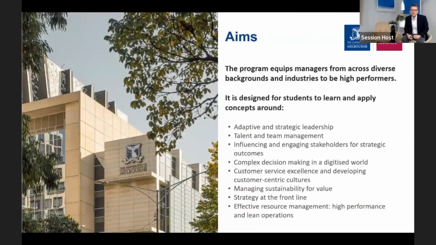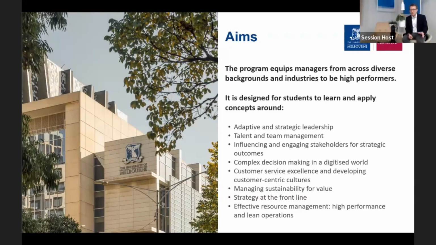The program is aiming to equip managers from various backgrounds and industries, and it's designed for students to learn about concepts around adaptive and strategic leadership, talent and team management, influencing and engaging stakeholders, complex decision-making in a digitized world, customer service excellence and developing customer-centric cultures, managing sustainability for value, strategy at the front line, effective resource management, and high performance and lean operations.